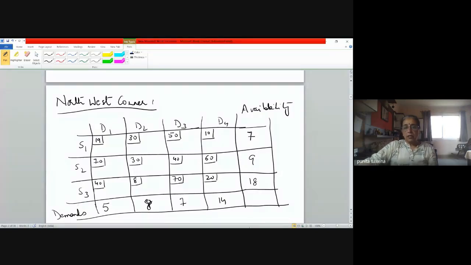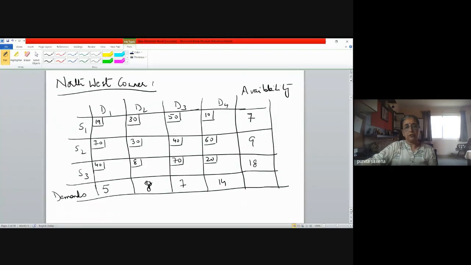Okay. Now we have been asked to provide a solution to this problem and give an optimal solution for this. So as I said, the first thing that you have to check is whether the given problem is a balanced transportation problem or not. Okay. So the very first thing that we are going to check is whether the sum total of the last column and the sum total of the last row are equal or not. Okay. So as you can see, 7 plus 9 plus 18, this adds up to how much? 34.